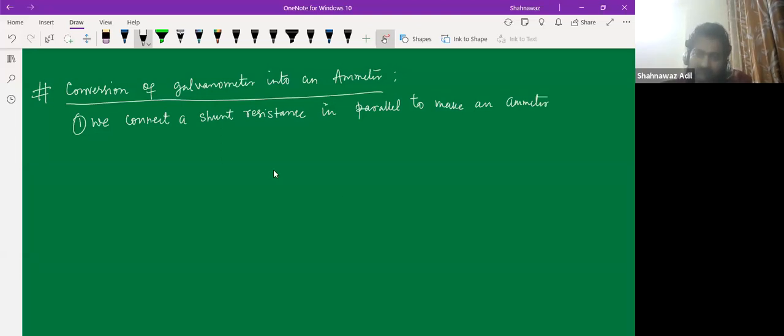Let's say you have this galvanometer and it has some resistance, let's say Rg. Then you connect a shunt resistor parallel to this. So this is your shunt resistance, and this whole thing is now called an ammeter, right?